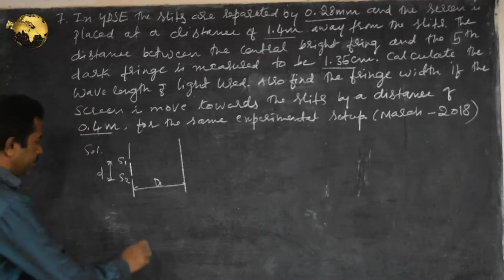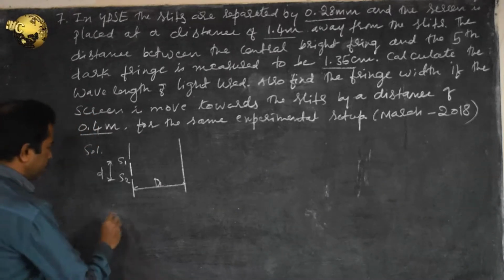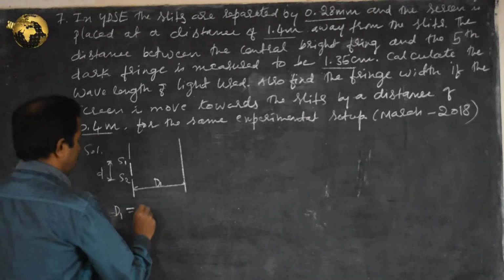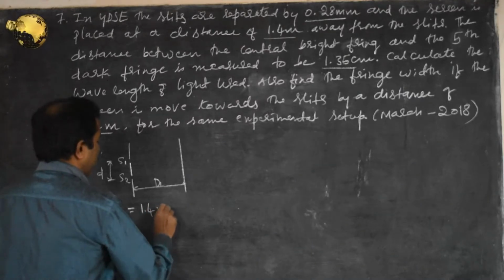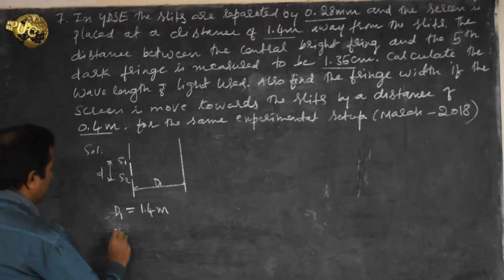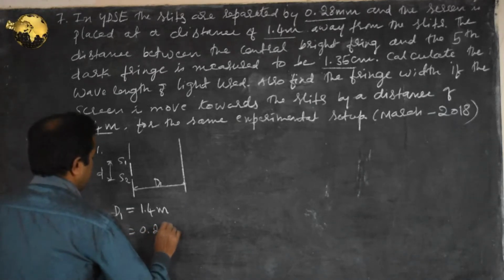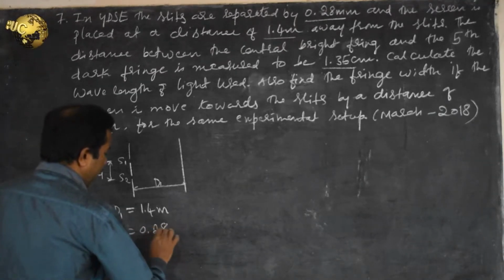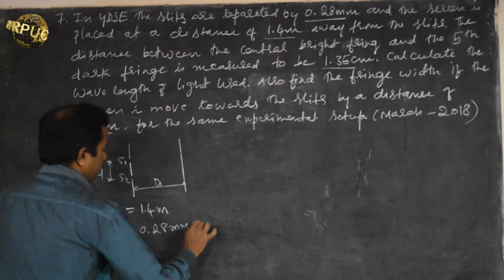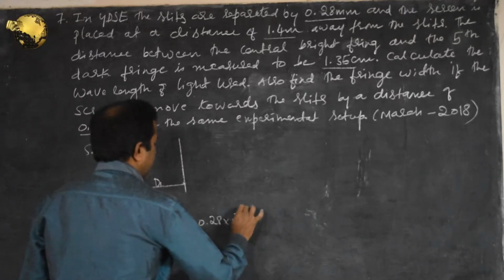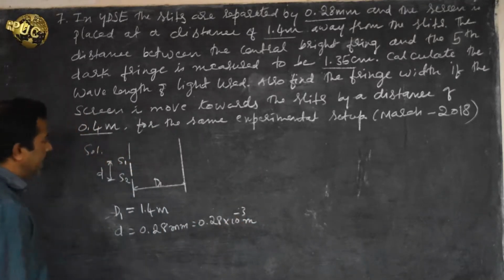D1 is equal to 1.4 meter, and small d, the distance between the slits, is 0.28 millimeter, that is 0.28 into 10 to the power minus 3 meter.